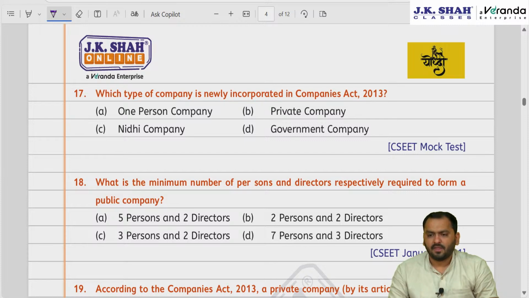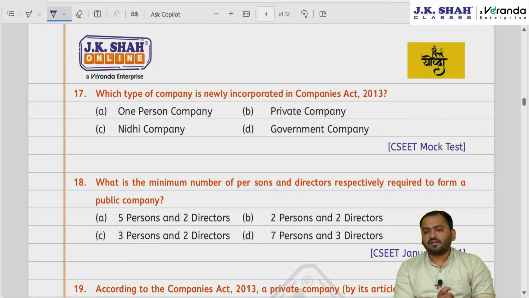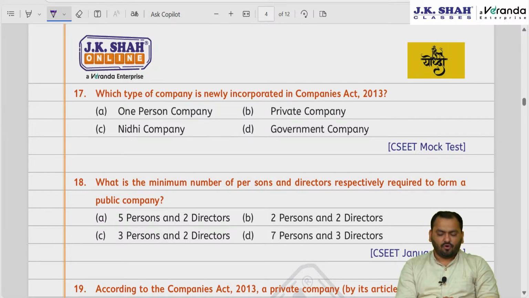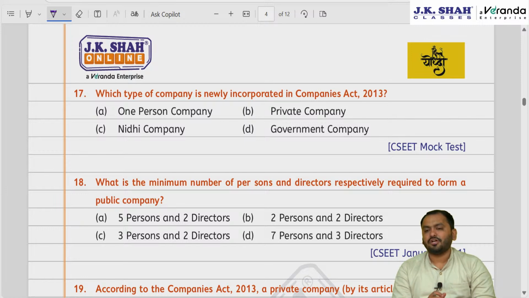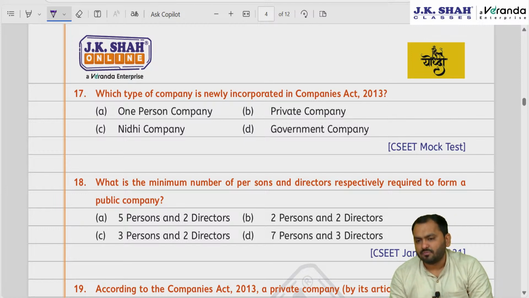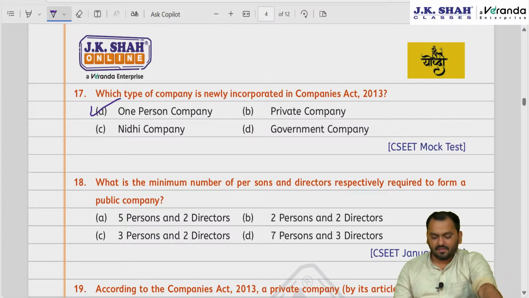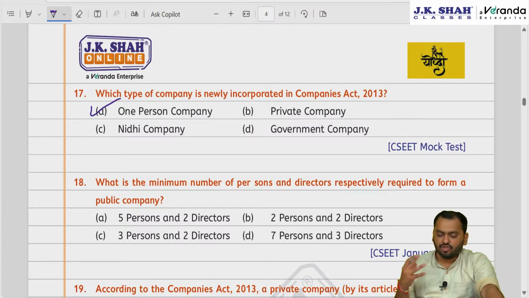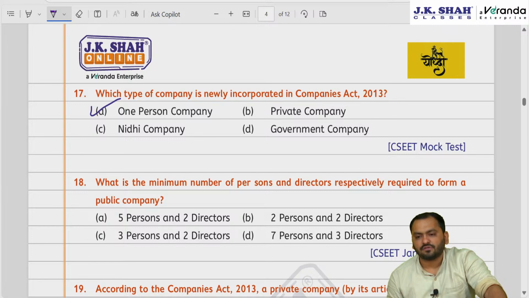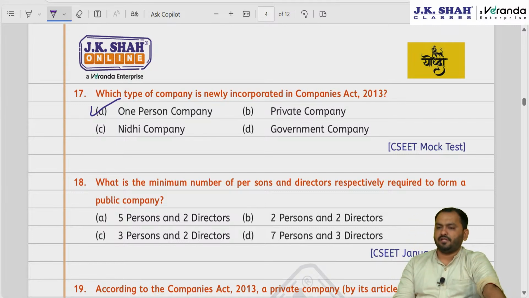Can he do so? So in India there were no options earlier, right? But when the Companies Act 2013 came into force, a new type of company was formed, called the one person company. The type newly incorporated in the Companies Act 2013 is the one person company.